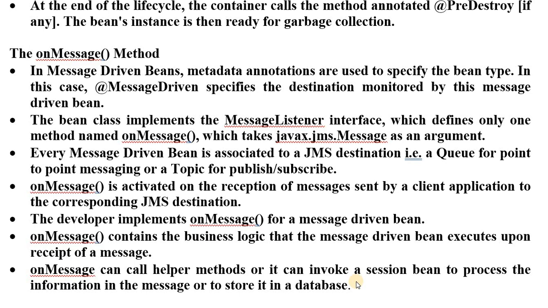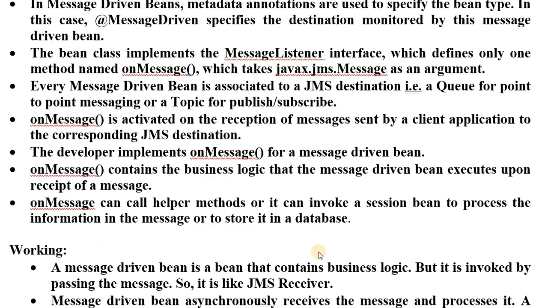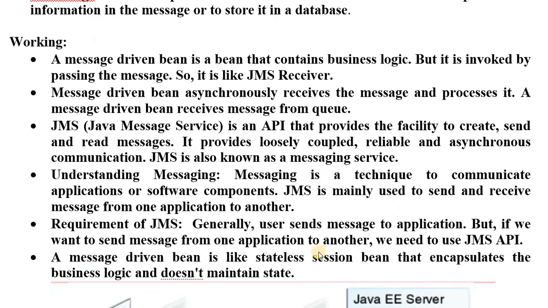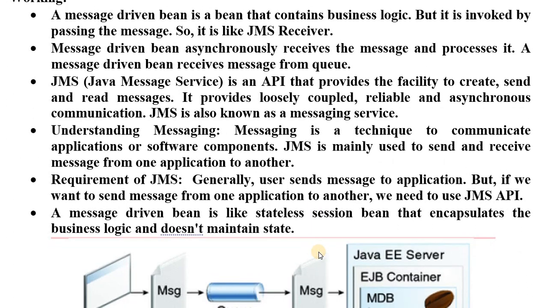As I told you earlier also, the onMessage method may call other helper methods, or it can also invoke a session bean that will process the information in the message, or it can also store things into the database or retrieve things from the database. Now, how does the working take place?